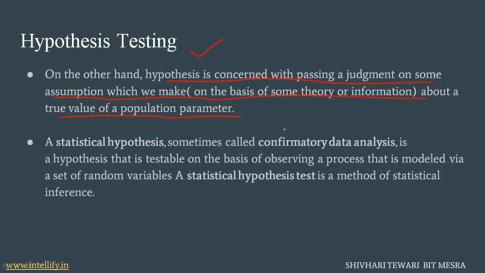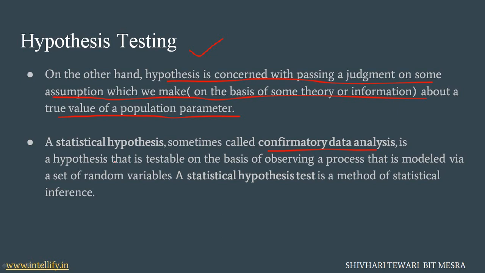Now what does a statistical hypothesis tell us about our statistical inference? A statistical hypothesis, sometimes also known as confirmatory data analysis, is a hypothesis that is testable on the basis of observing a process that is modeled via a set of random variables. A statistical hypothesis test is a method of statistical inference. Statistical hypothesis basically concerns whether our theory is going to be true or not true. It takes both cases.